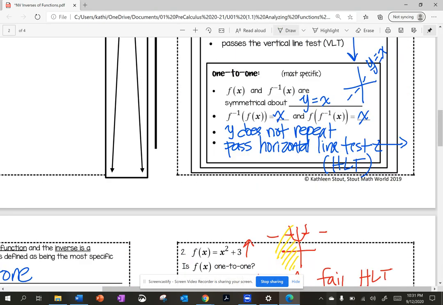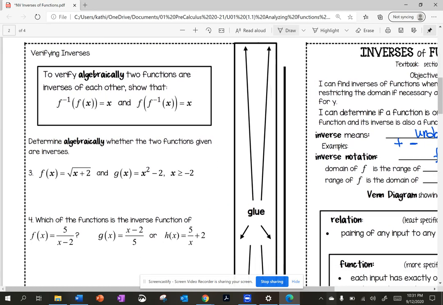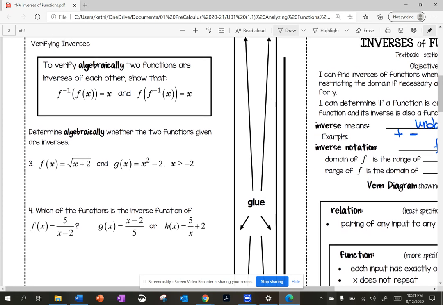What about, we're going to do verifying inverses. To verify algebraically two functions are inverses of each other, I'm going to show that the inverse and the original function's composition equal x, or I could do it the other direction and start with the function and compose it with the inverse, and the result is x.